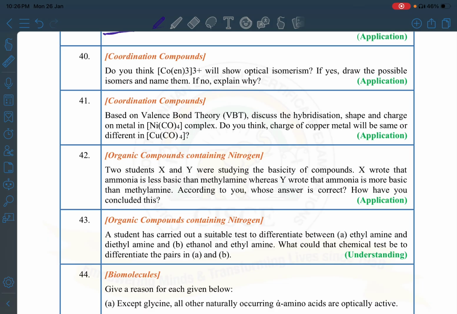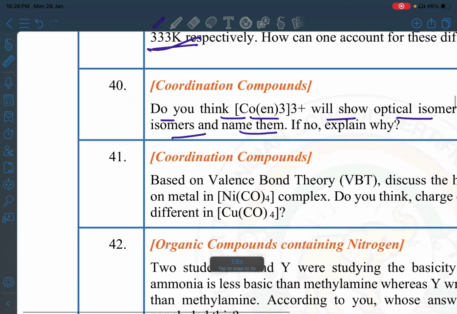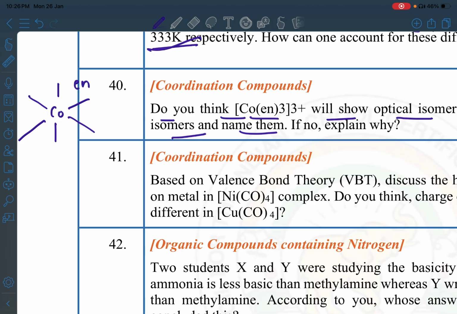Do you think Co(en)3 3+ will show optical isomerism? If yes, draw the possible isomers and name them. If no, explain why. This is an octahedral complex, and I'm drawing it with en, en and en here.